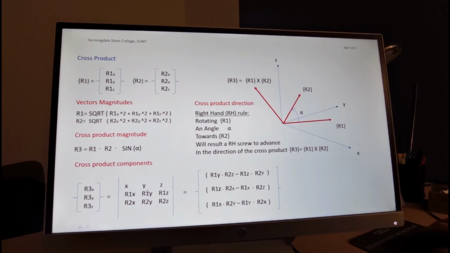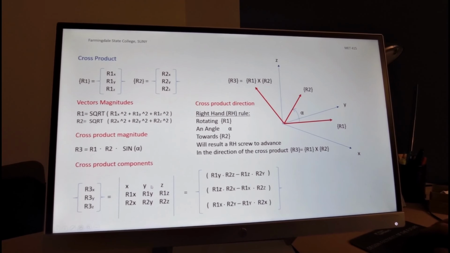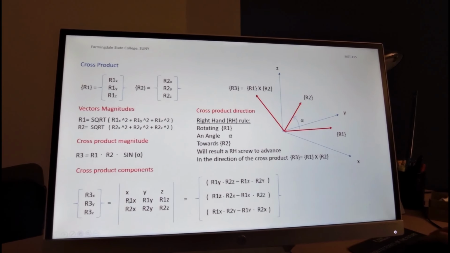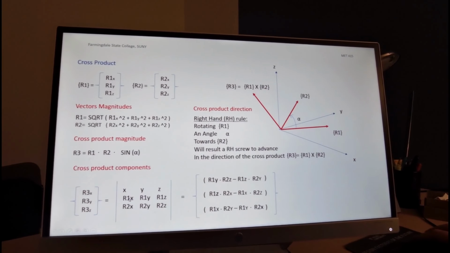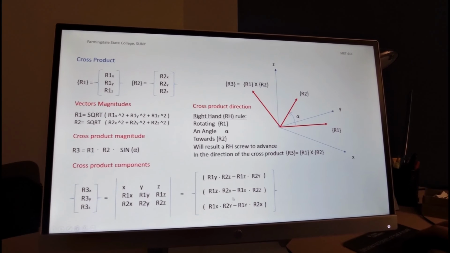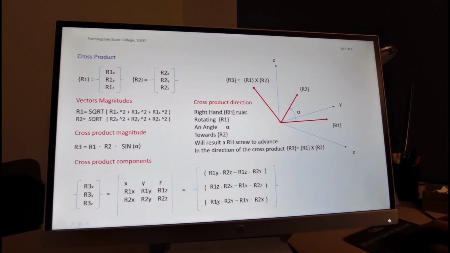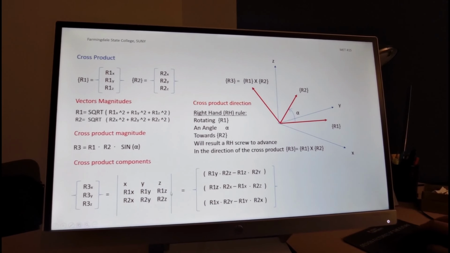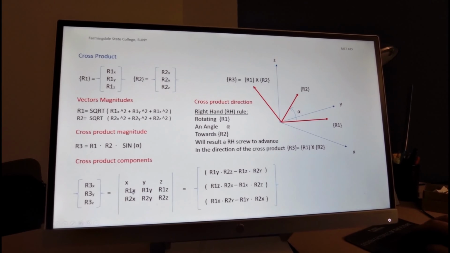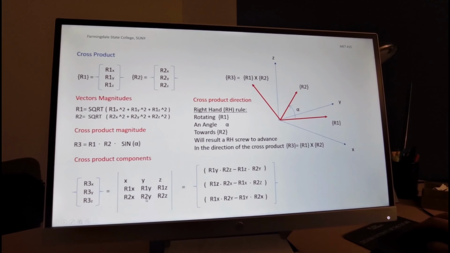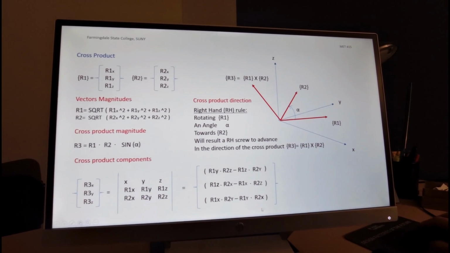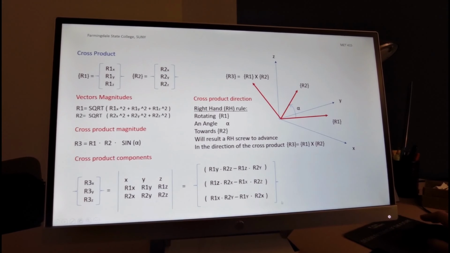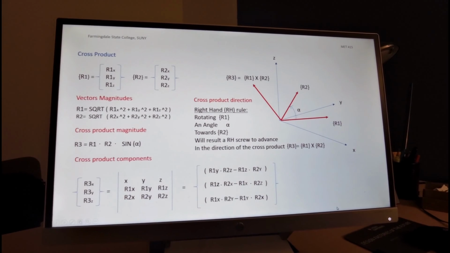Here it is. r1z times r2x is connected to the y, and then in this direction, parallel to this line, it will be r1x times r2z. Here it is. And the last component will be for the z direction, which will be r1x times r2y, minus r1y times r2x. So this basically completes the definition of the cross product.